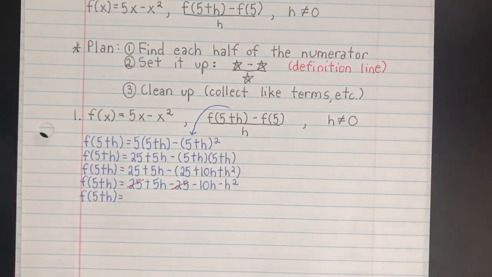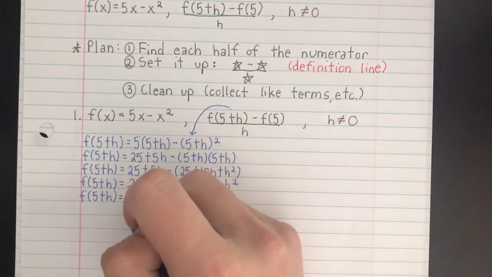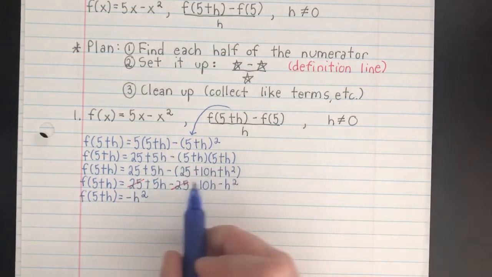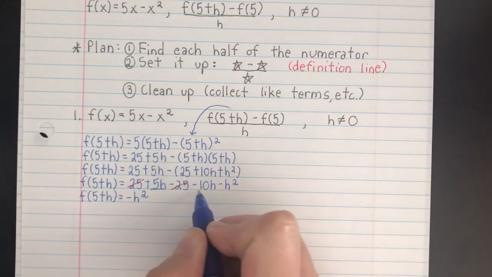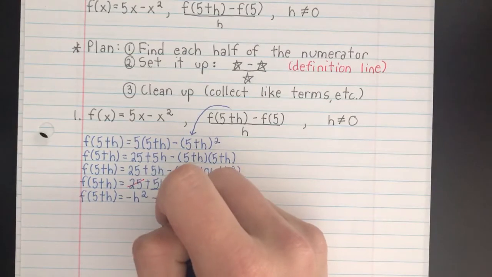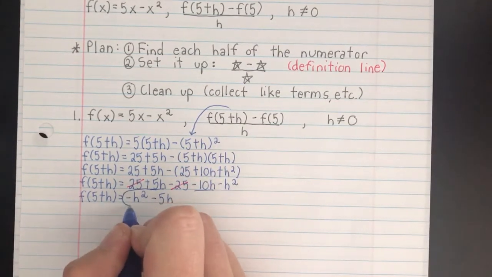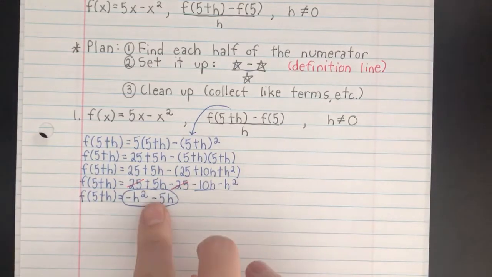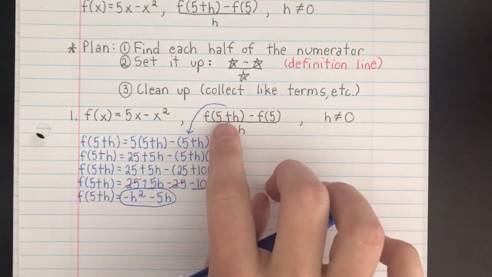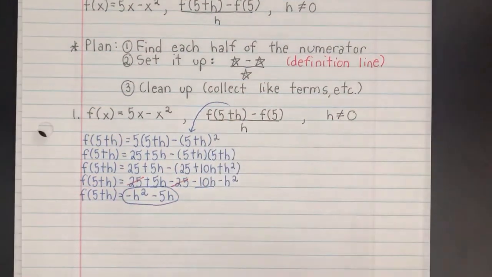I have one positive, one negative. I'm going to go ahead and put the negative h squared in the front. And then when I combine these two, 5h and negative 10h, I'd get negative 5h. So this right here is my expression that I'm going to plug in where I see f of 5 plus h in my difference quotient.